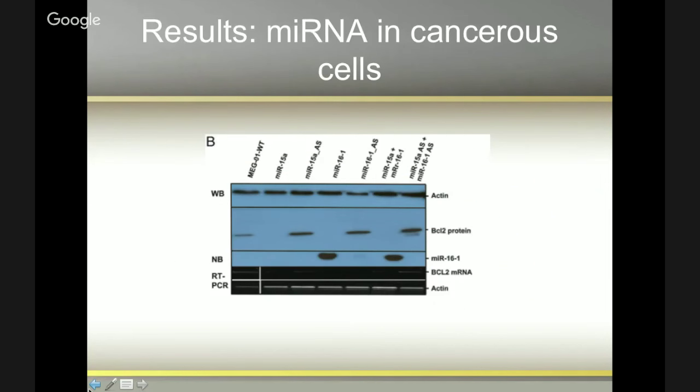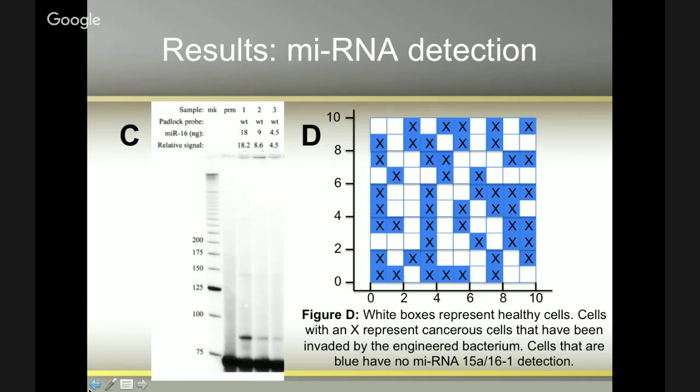To confirm the correlation between BCL2 and microRNAs 15A and 16-1, experiments would be done to test levels of each. The results would be as shown, with levels of BCL2 reduced when the microRNAs are present and vice versa. Prior to putting the padlock probes into the engineered bacterium, I would test the padlock probe detection of the microRNAs.